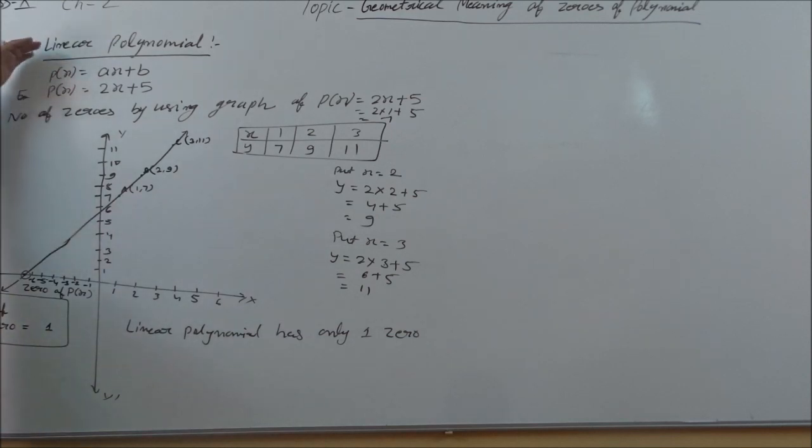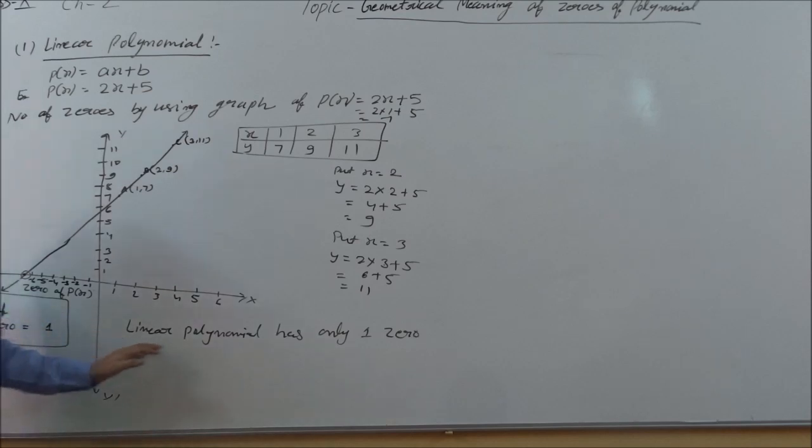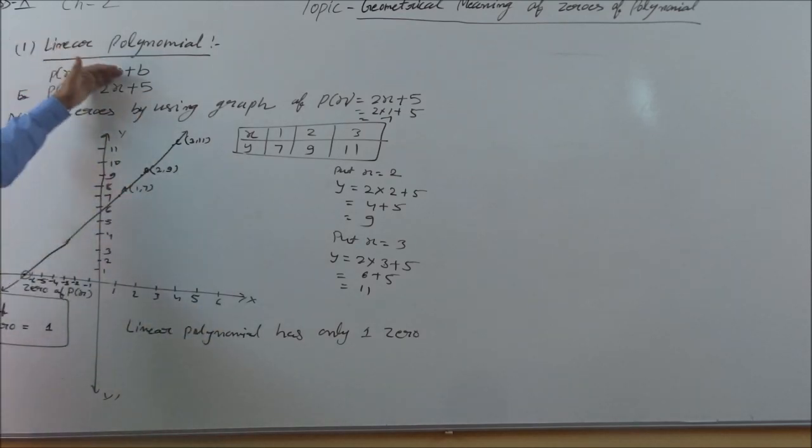So this was the geometrical representation of the number of zeros for a linear polynomial.